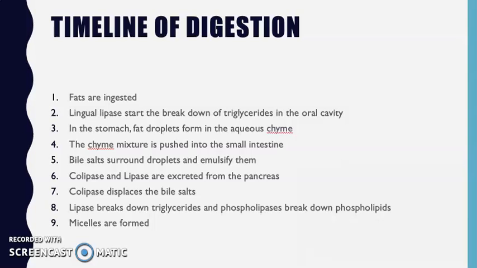Then, colipase and lipase are excreted from the pancreas, as well as phospholipase. Colipase, after it is activated, displaces the bile salts, and then lipase can break down triglycerides, while phospholipases break down the phospholipids. Then the micelles are formed and can make their way to the intestinal wall.